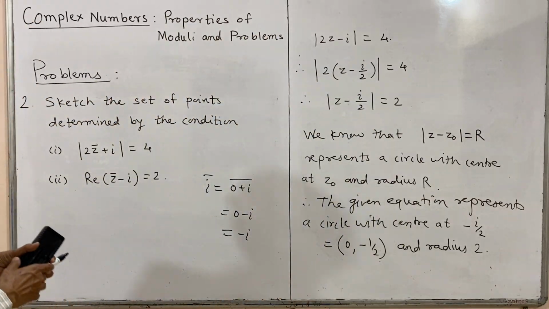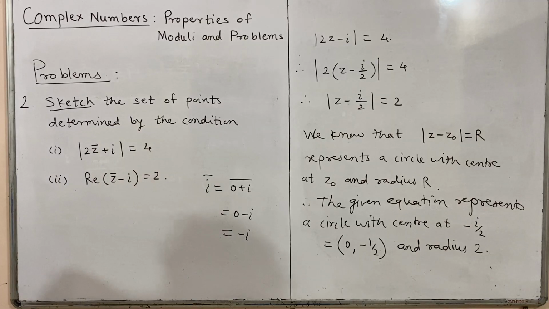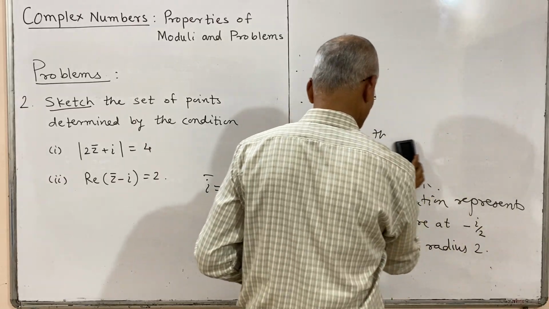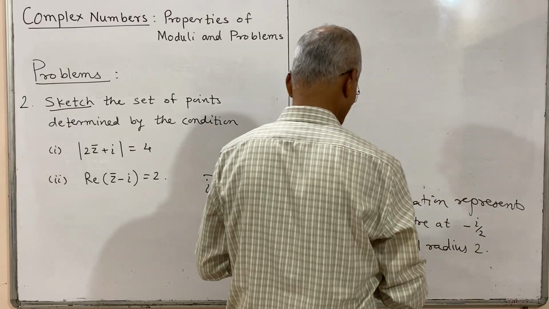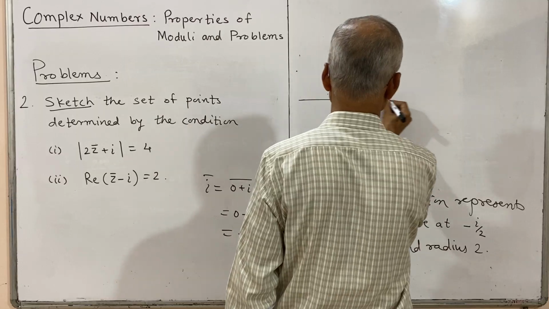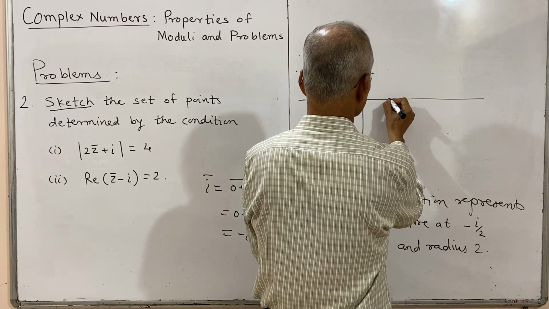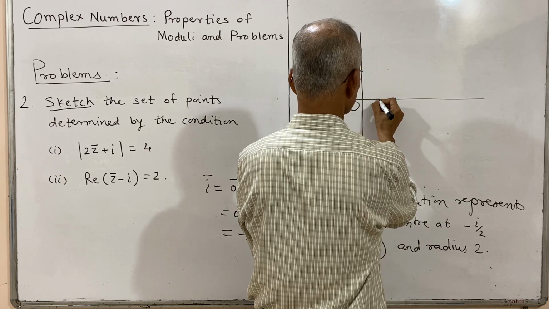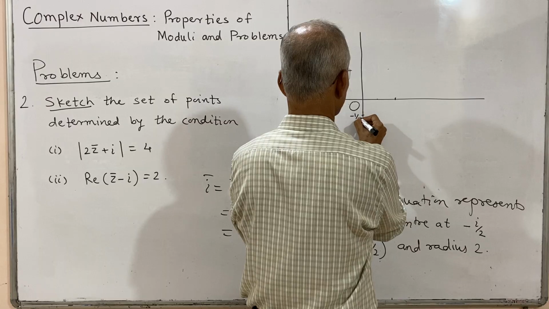Now we are asked to sketch this, and that means we can draw the figure like this. It is a circle with center at this point, 0, minus half. Suppose this is 1 unit, this will be half, and this is minus half.